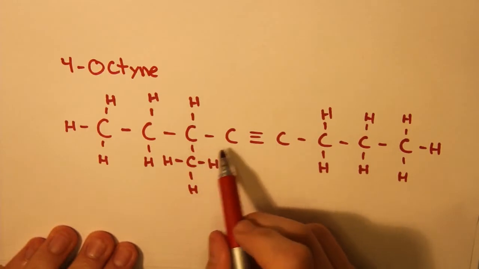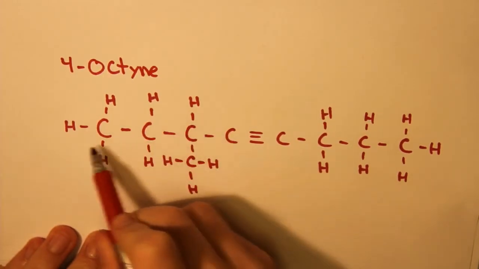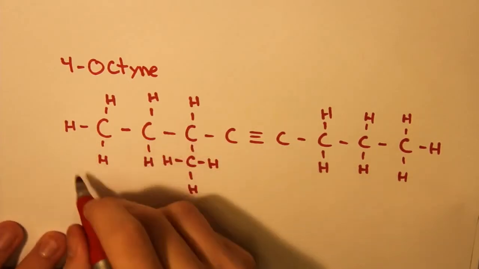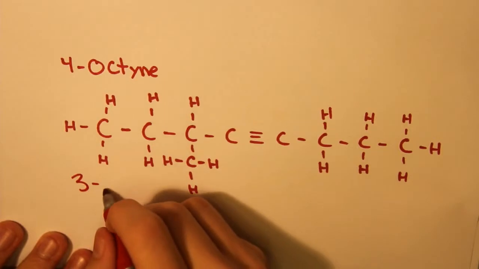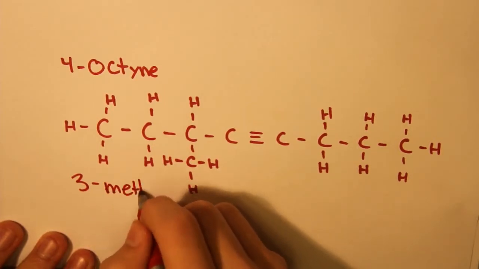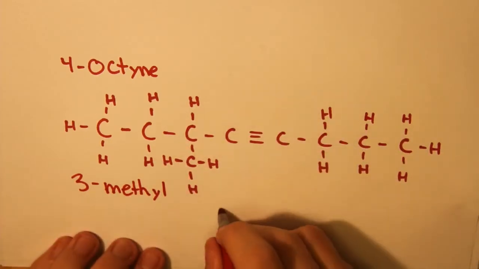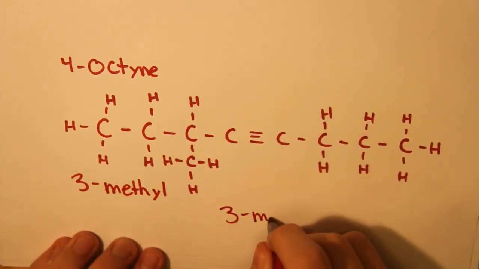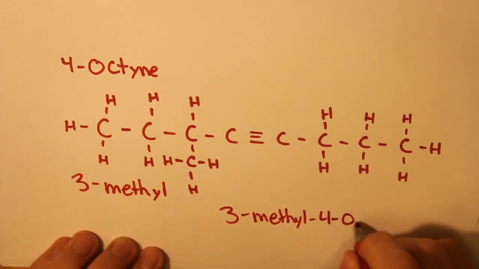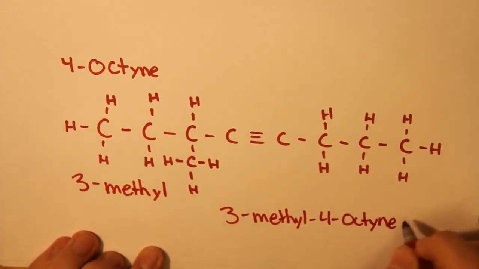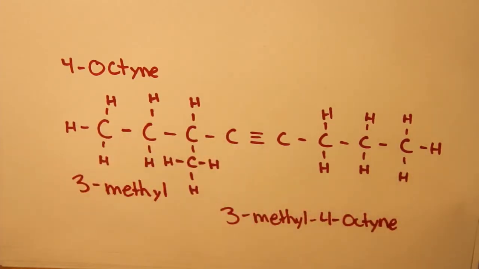From here, it's 1, 2, 3 away from the beginning. So we'll put this 3, and since this is a methyl, we'll put that in. So we take these both together and write them out fully: 3-methyl-4-octyne. And that is how you name this big long thing.